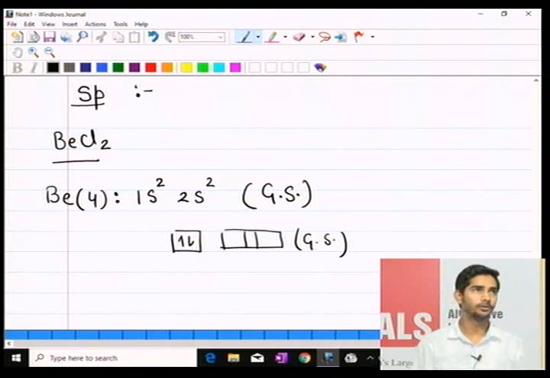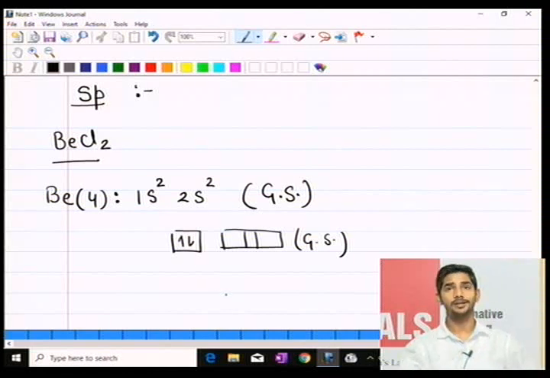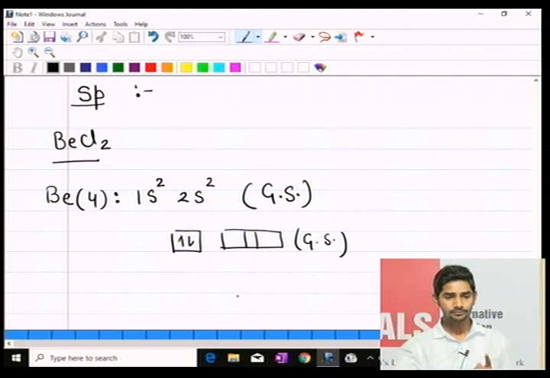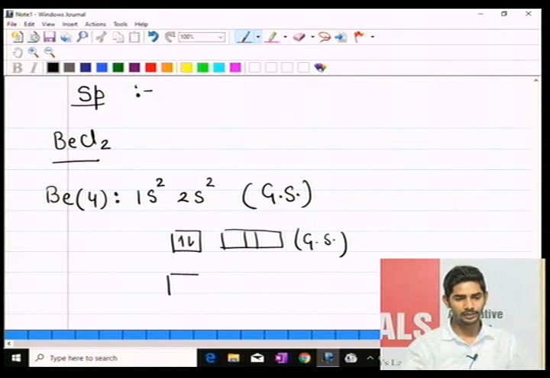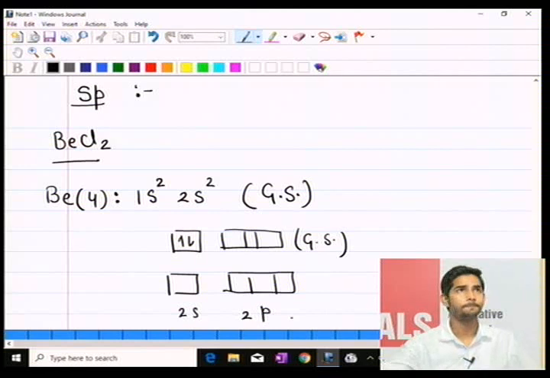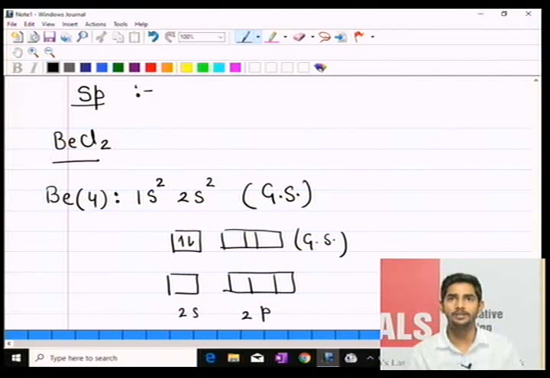Oh yeah, very good. 2s is the valence orbital. Remember, always the orbitals of the valence shell will participate. If I say excited state, you can see this is 2s and this is 2p. So 2s and 2p both are the valence orbitals.